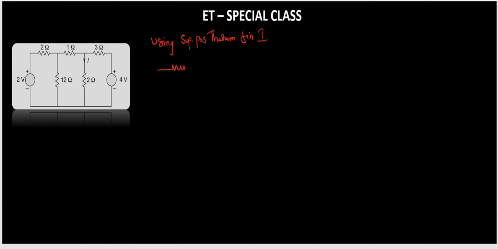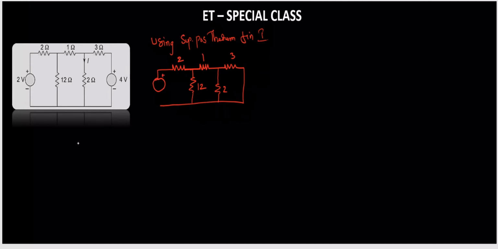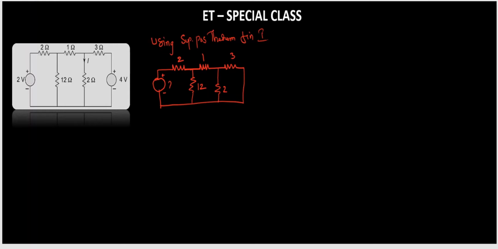This is the 2 ohm resistance, this is the 1 ohm resistance, the 3 ohm resistance, and this is your 12 ohm resistance. This is short circuit. Now this is your 2 volt source.